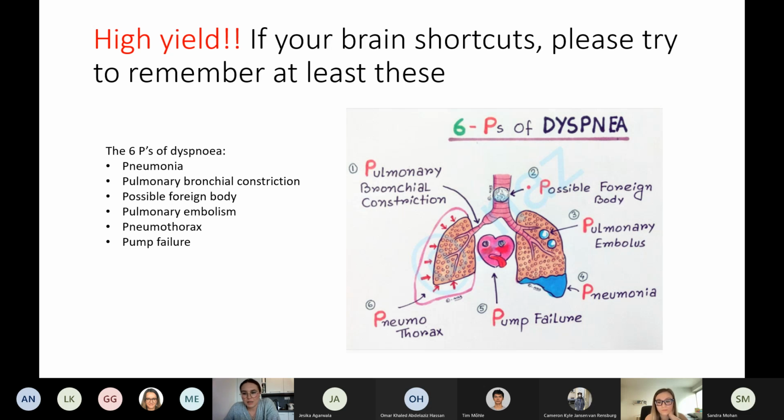And these P's are also the ones that are most likely to kill the patient, because our main goal is to prevent the patient from dying. So if you can remember these, that's great, and it will actually get you a long way, because these are also the main causes of dyspnea.